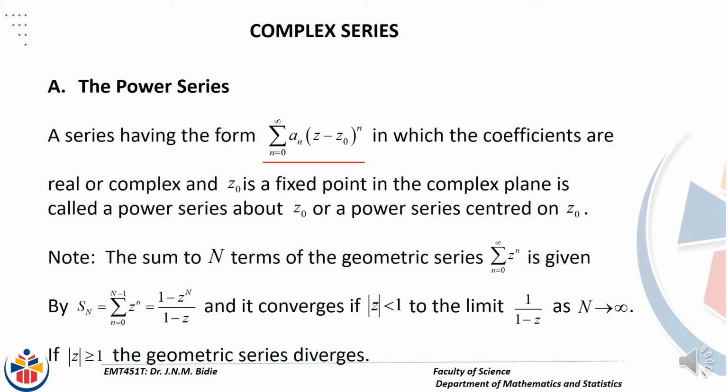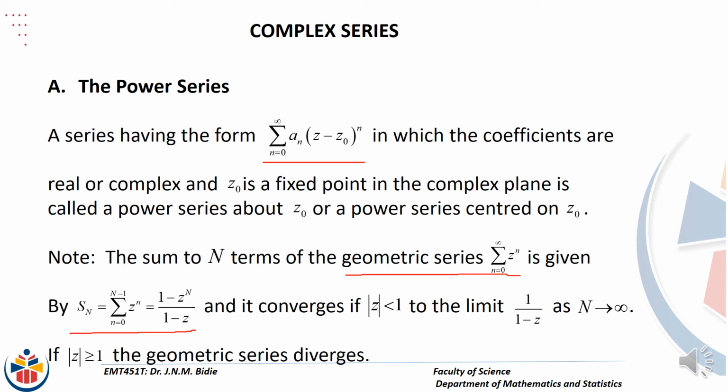Also, we need to recall that in a geometric series of the form sum of z to the power n starting from 0 to infinity, the sum of n terms is given by 1 minus z to the power n all over 1 minus z.